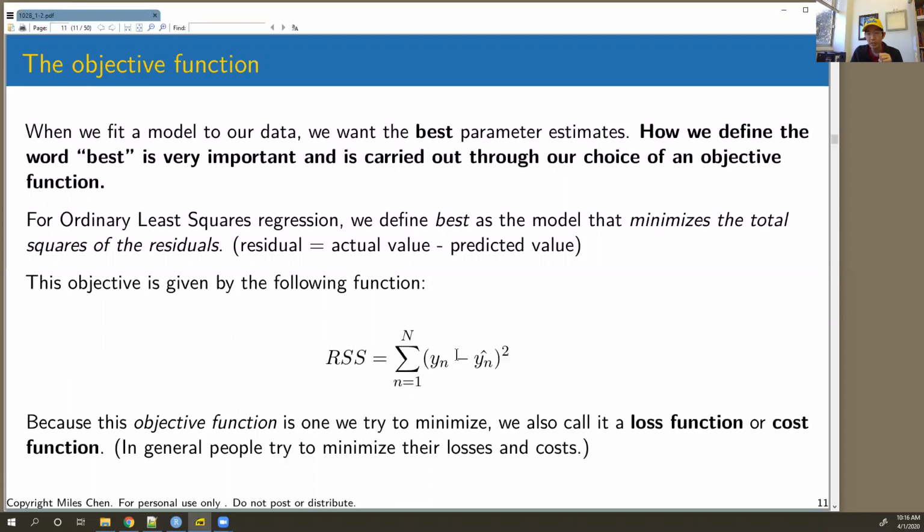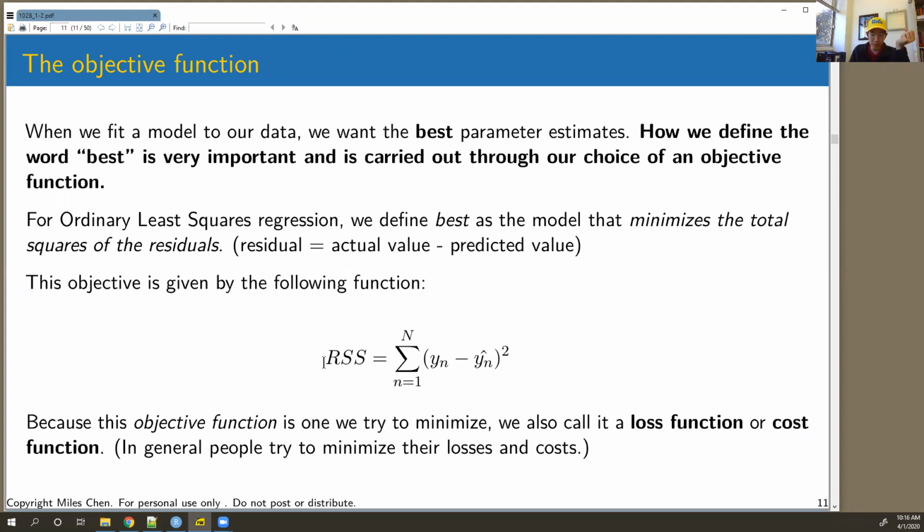We take the difference, that's the residual, we square it, and we sum that up. And that gives us the RSS, or the residual sum of squares, which is what we call our objective function. And we're going to say the best parameters are the parameters where this total RSS is as small as possible.